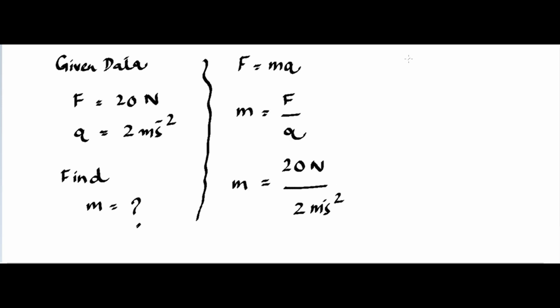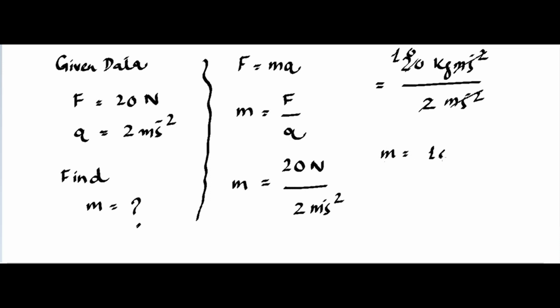As we know, the Newton is equals to kilogram meter per second square, divided by 2 meter per second square. M is equals to 10 kilogram.